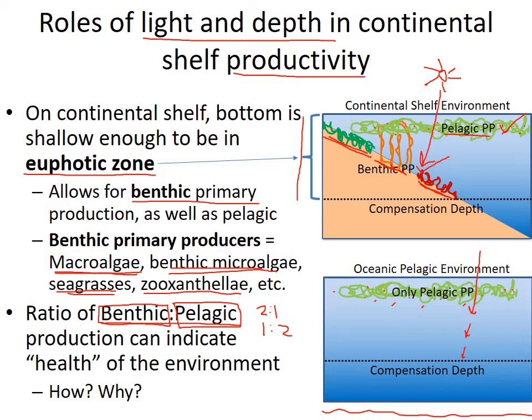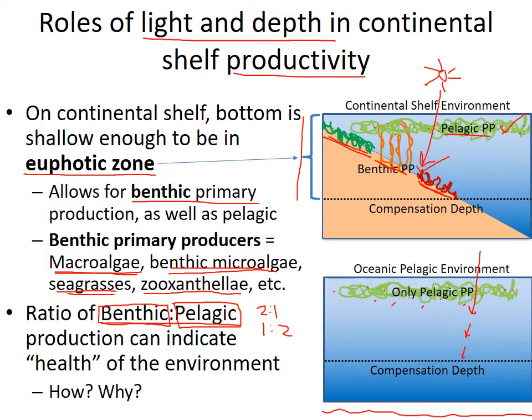The thing is, if the water is murky because of an excessive amount of phytoplankton productivity, there's not enough light getting to the bottom for very much or any of those plants to grow on the bottom. So in a polluted ecosystem where phytoplankton is at an extreme level and the water's sort of murky green, these plants on the bottom end up dying, and it skews the ratio so that it's predominantly pelagic primary production with very little benthic primary production.